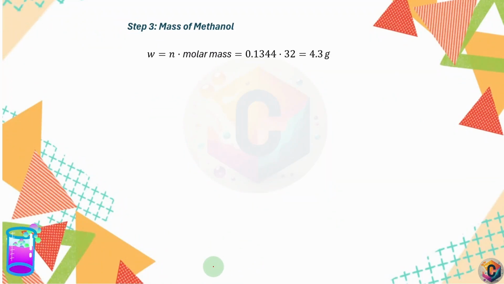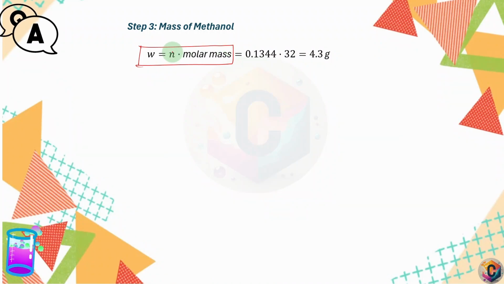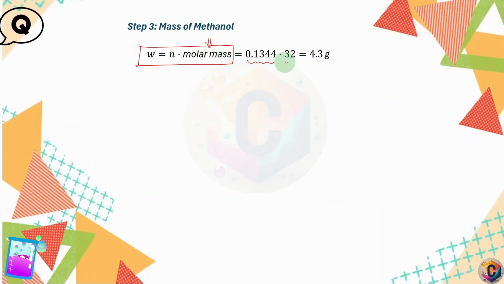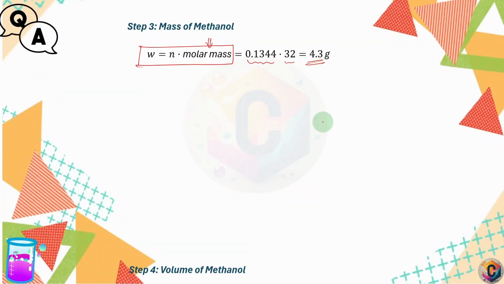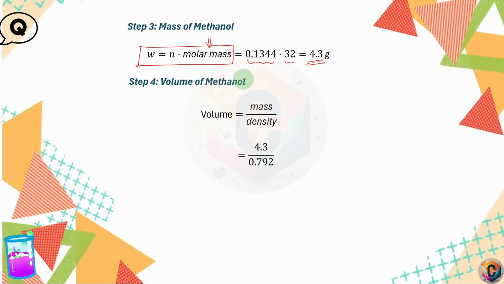Next, we use the formula: weight is equal to number of moles into molar mass. The number of moles we have just found, and the molar mass of methanol is 32. From this we calculated the mass of methanol to be 4.3 grams. Then we'll have to calculate the volume of the methanol. Methanol is a liquid, and we have calculated its mass.